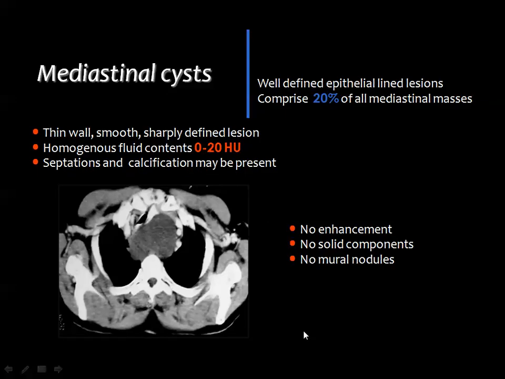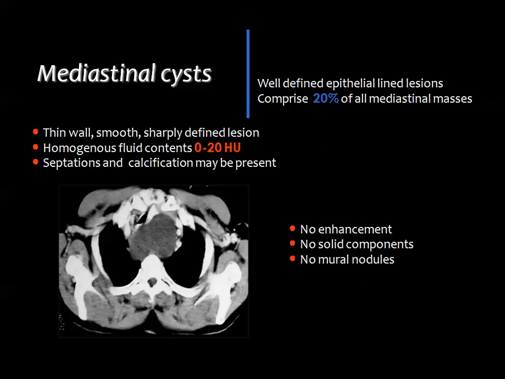Then cysts in the mediastinum are usually of benign nature, and they are filled with fluid density, and if you use MRI, they will show fluid signal intensity, low signal in the T1 and high signal in the T2 weighted image. And most of the mediastinal cysts will show the typical benign cyst criteria, including the 3 positive and 4 negative criteria.